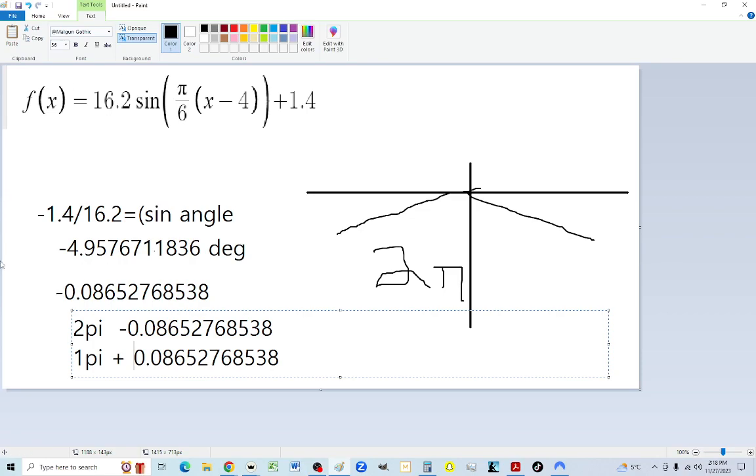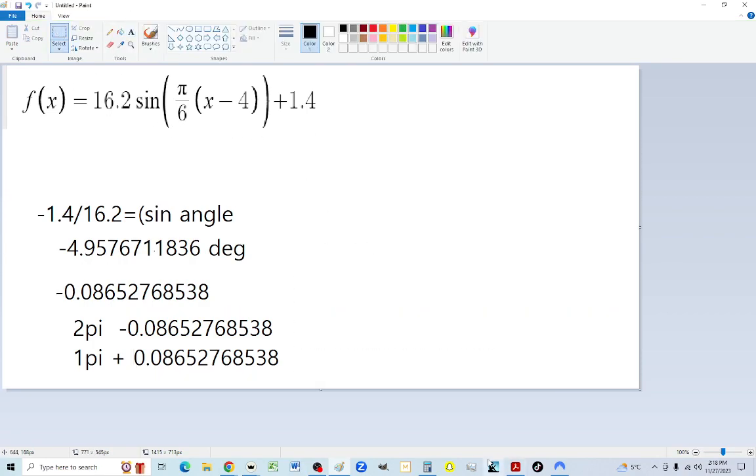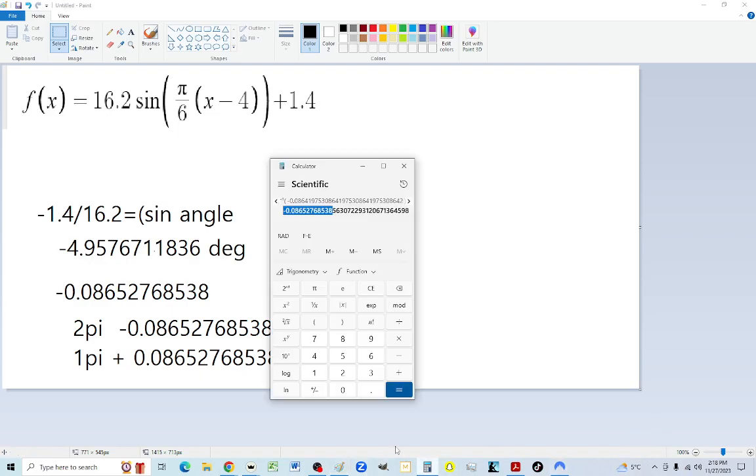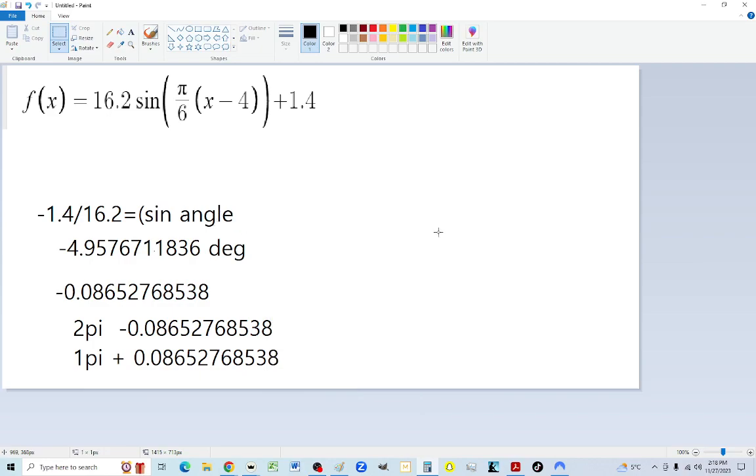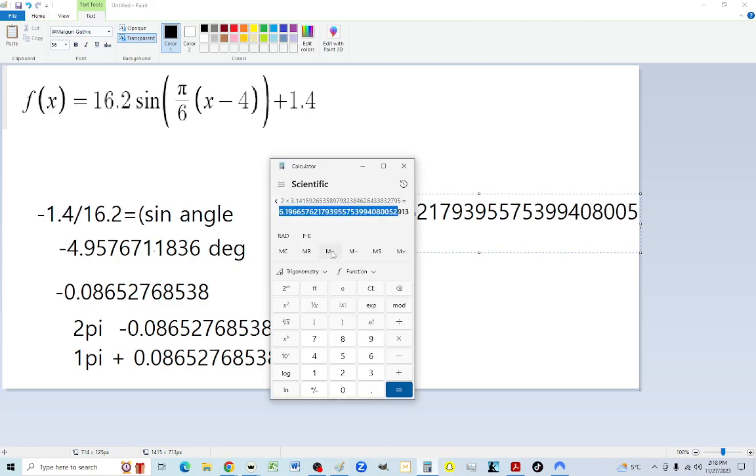Which means we're going to work with these two angles. We might as well find them here. And put that in memory. And I'm just going to add 2 pi. So that's the quadrant 4 rather. And here is quadrant 3.